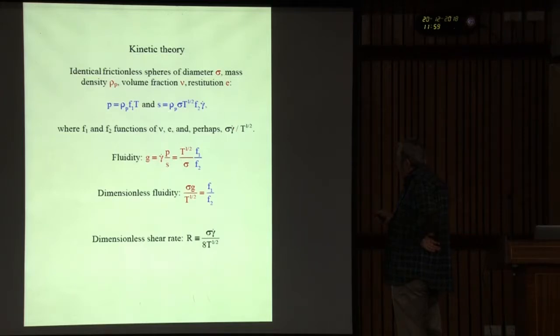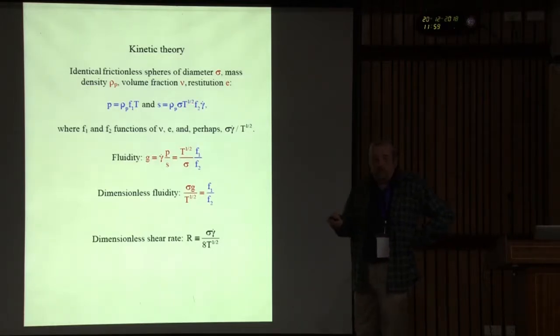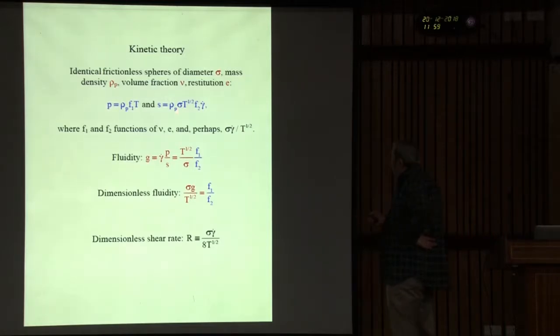And similarly, the shear stress has a slightly different structure. It's proportional to the shear rate. It involves dependence upon our measure of the strength of the velocity fluctuations, called the granular temperature, and particle diameter. So the fluidity, or the dimensionless fluidity, is then just a ratio of these functions.